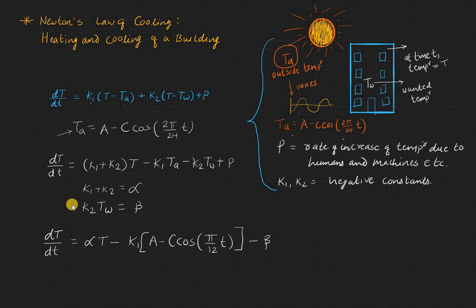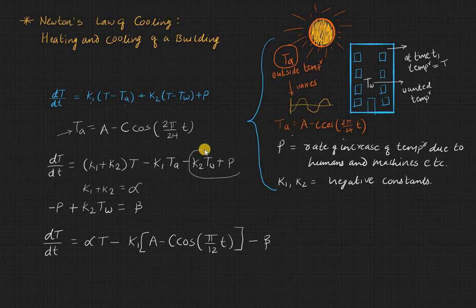Sorry, actually here we can say that minus P plus K2 TW is equal to beta. So this complete whole term is going to be a constant.